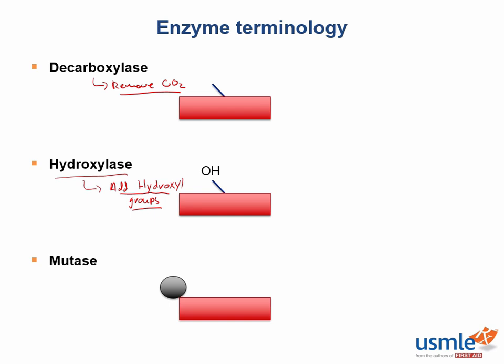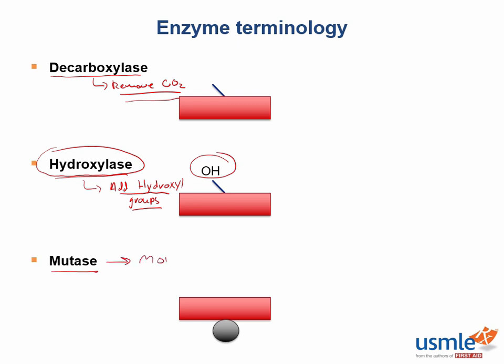Well, the mutases are enzymes that move functional groups around a molecule. An example of a mutase would be methylmalonyl-CoA mutase. And just to review these one more time, decarboxylase enzymes remove CO2, and hydroxylase enzymes add a hydroxyl group. And mutase enzymes move a functional group from one spot to another on the same molecule.